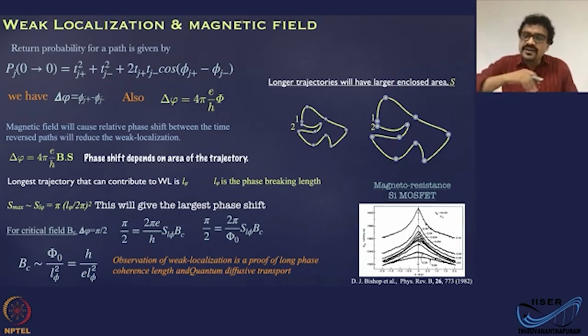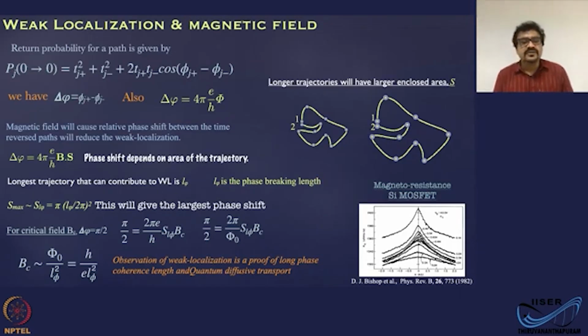To have the coherence over an entire path between say 1 to 2, that path length should be comparable to or lower than the phase breaking length L phi. L phi is the phase breaking length.